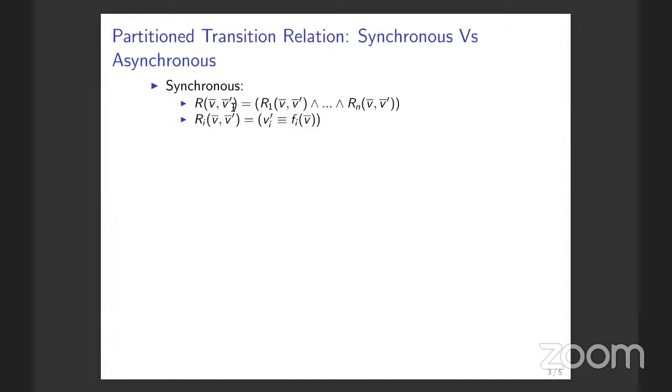That is one thing you can do. The question I'm raising is that for the synchronous case it will be and, and for the asynchronous case it will be or, which I will get to.